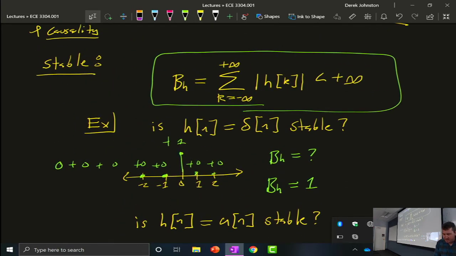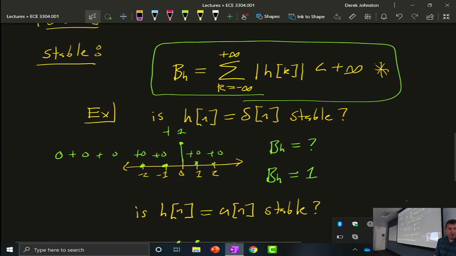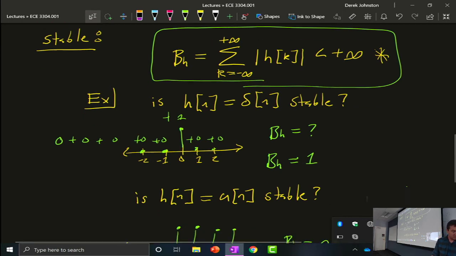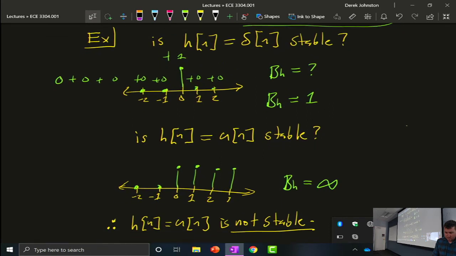And that's governed by this equation right here, which says we add up all of the values of the impulse response. And if it's finite, then it's stable. And if it's infinite, it's unstable or not stable. So when we're discussing the impulse response, it's not about the value of the input. Cool.